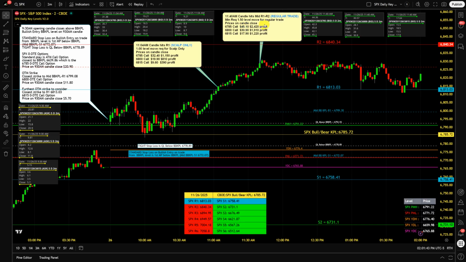Or if you're trading multiple contracts, such as say 3, 4, 5 contracts, or if you had 10 or 20 call contracts, then at the 1.5 level move minimum threshold on a regular trade, you also have the option to close out 70 to 90% of them at these prices here, and then adjust your stop loss to break even, or break even plus a 10 to 15% profit buffer on any remaining runners.